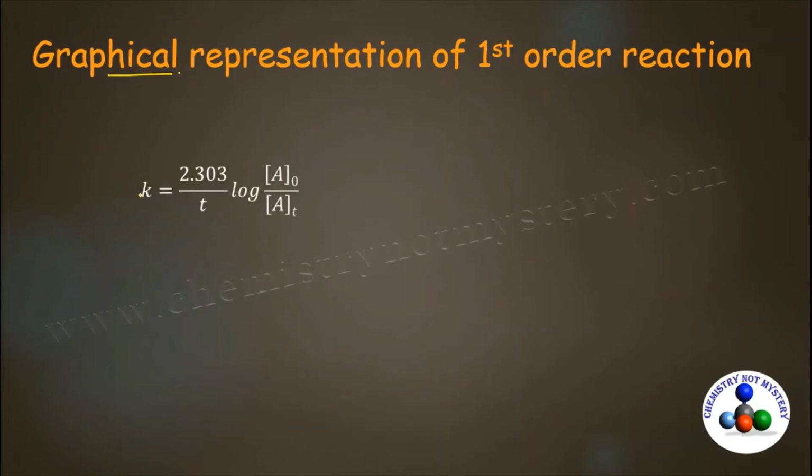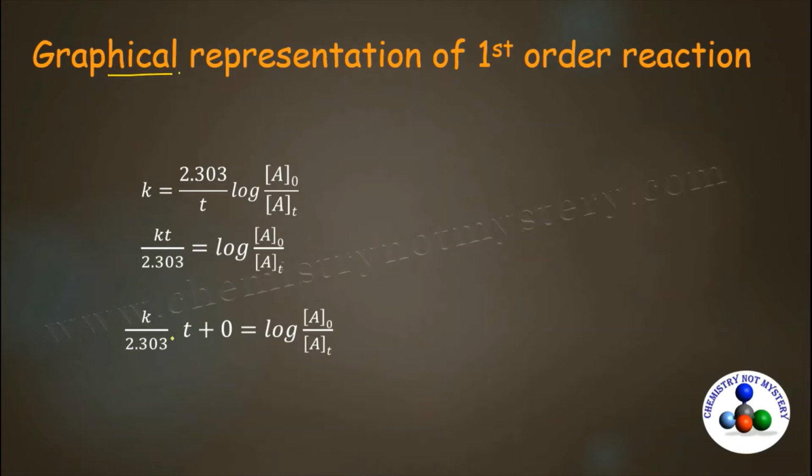We have another form of first order reaction, that is k is equal to 2.303 over t log A naught over At. When you rearrange this equation, you will get kt over 2.303 is equal to log A naught over At. We can rewrite this equation as k over 2.303 multiplied by t plus 0 is equal to log A naught over At. Now we can compare this equation with the straight line equation. I have just written the straight line equation in reverse order: mx plus c is equal to y.